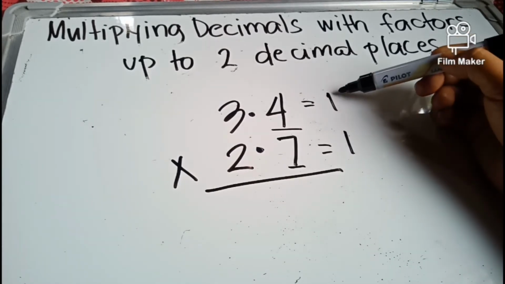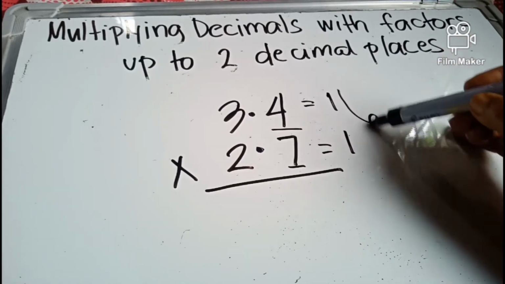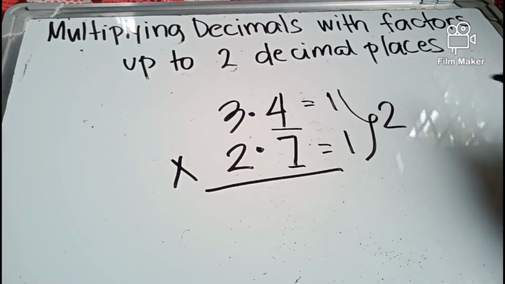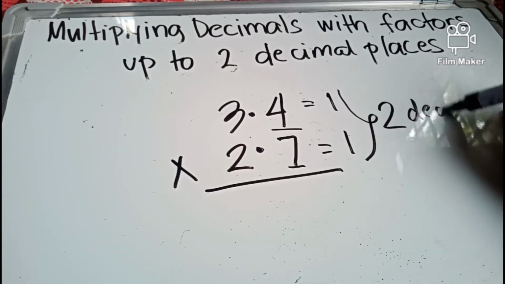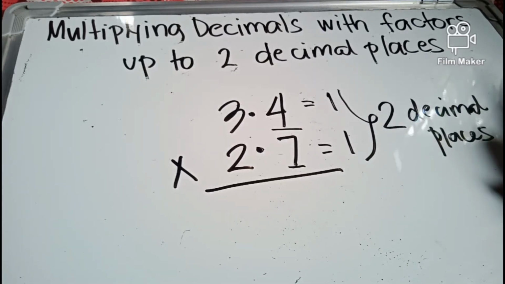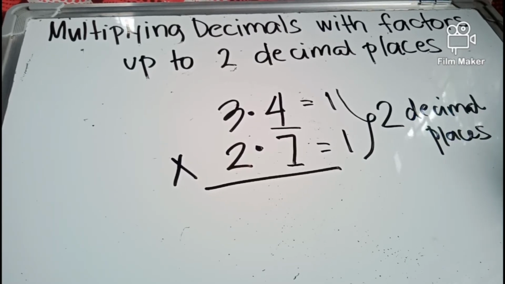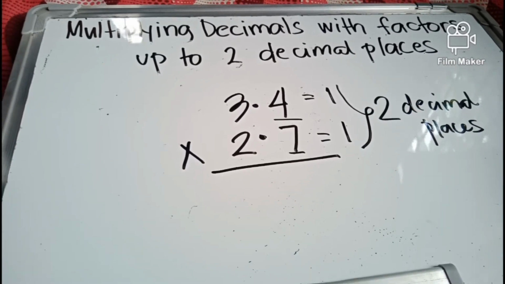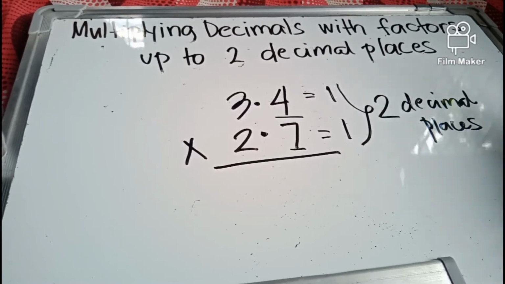So, may 1 and 1. So, we have here 2 decimal places. So, gaya ng sabi ko, yung number of decimal places sa ating factors, yun din ang number of decimal places sa ating product. Then, we will proceed on multiplying.